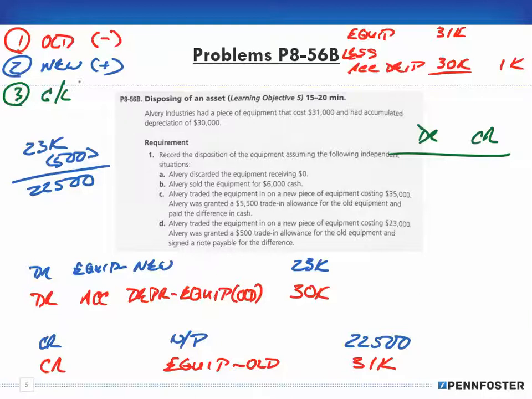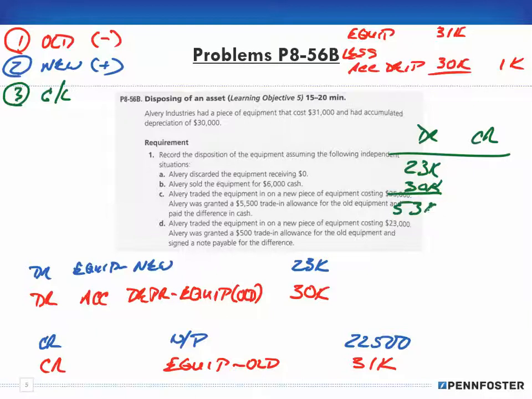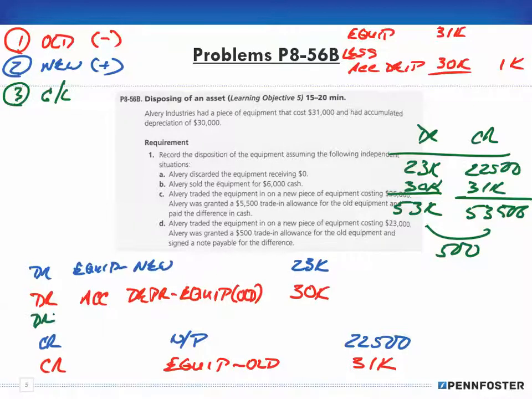Okay. Now the last thing that we need to do is look at the gain or loss, right? So I've got $23,000 and $30,000, so that's $53,000. Then I've got $22,500 and $31,000, so that's $53,500. And the difference between the two is $500. Okay, so that is going to be a debit, right?